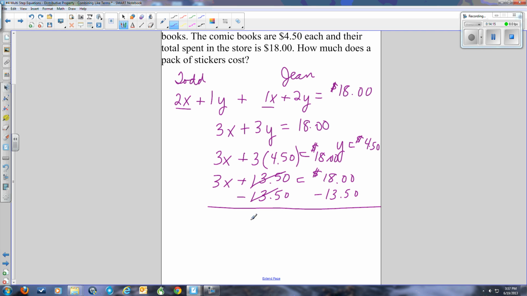So the $13.50s cancel on the left, and we have 3x is equal to $4.50. To solve for x, we have to divide each side by 3. So x is equal to $1.50. So we know that each package of stickers is equal to $1.50.